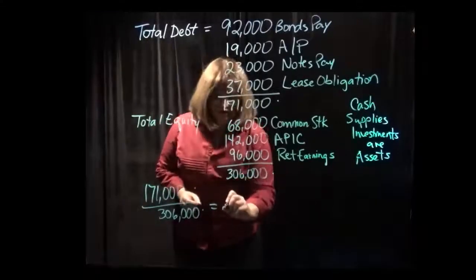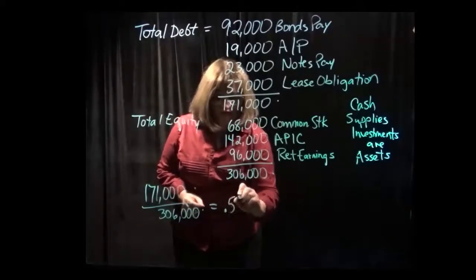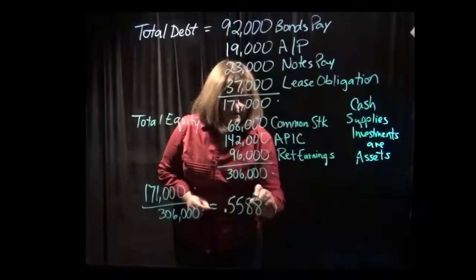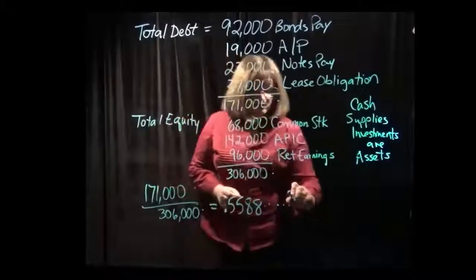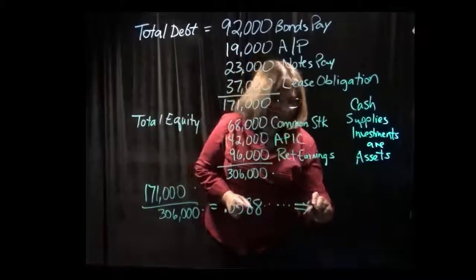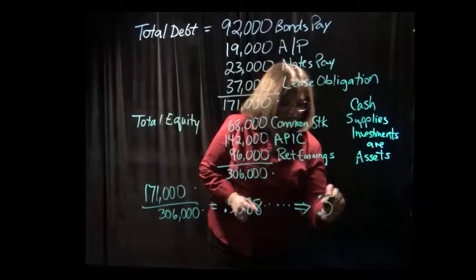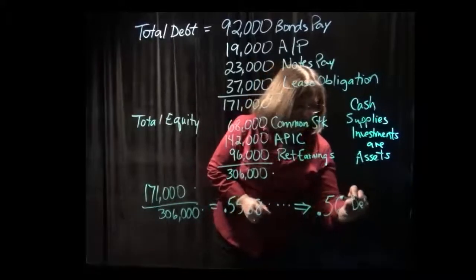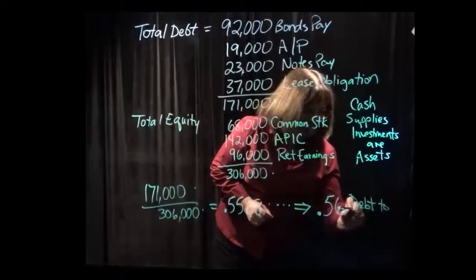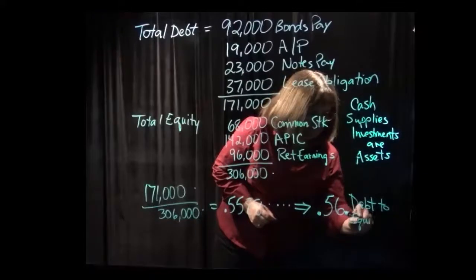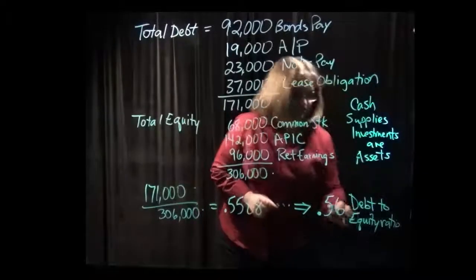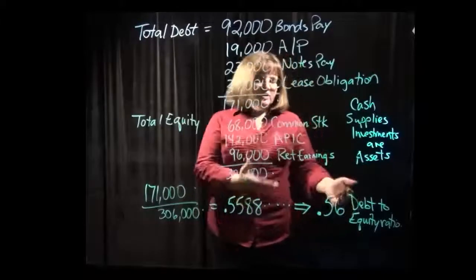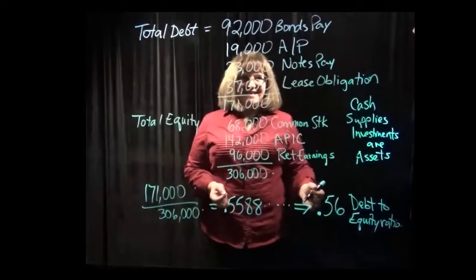So when we do this division, it comes out to be 0.5588, and then some additional decimal places beyond that. We then round that to be simply 0.56. That's our debt-to-equity ratio. So in other words, for every dollar of equity that we have, 56 cents in debt.